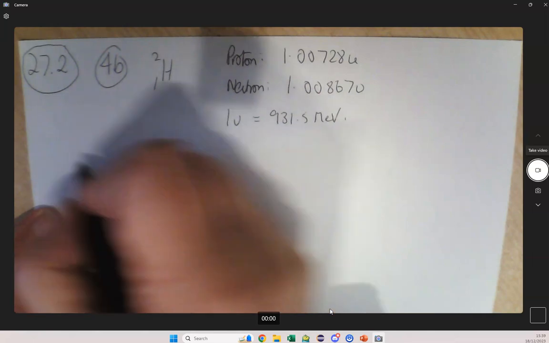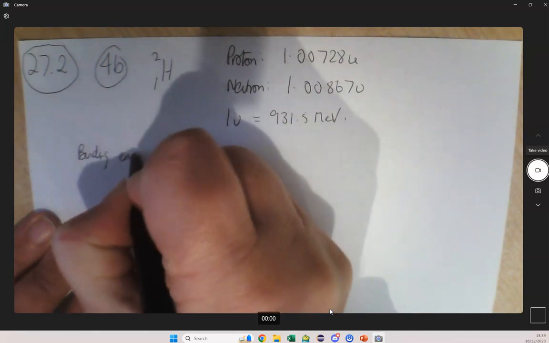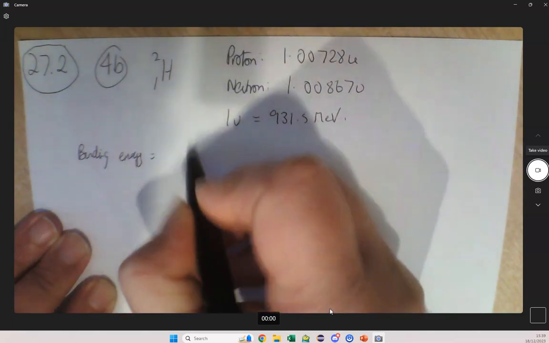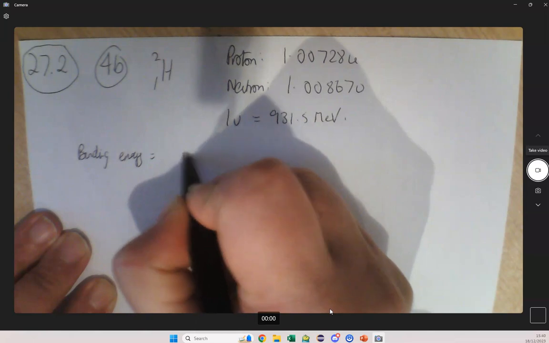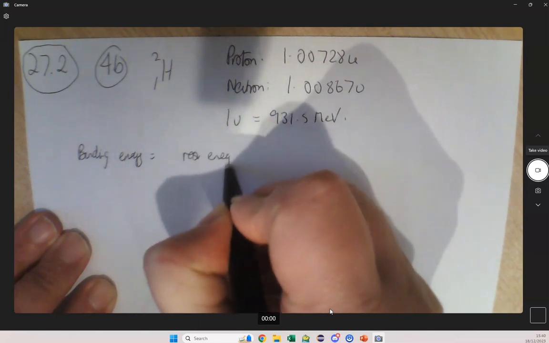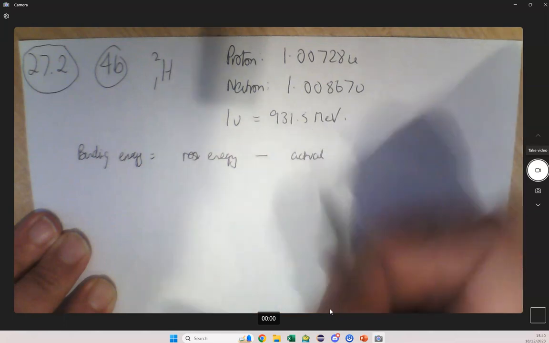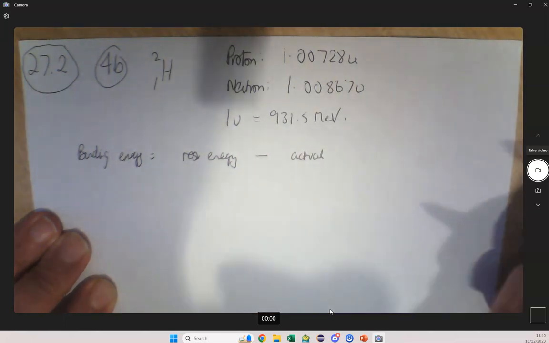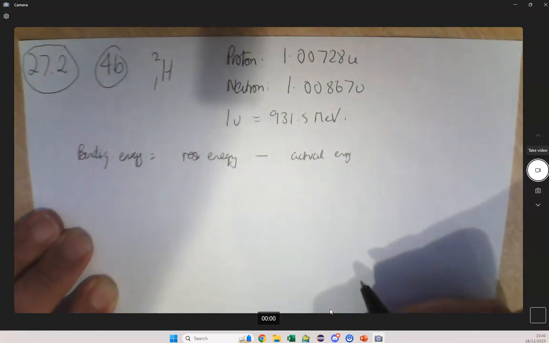So my binding energy is going to be the rest mass of my components, so the rest energy, minus the actual observed energy or mass.